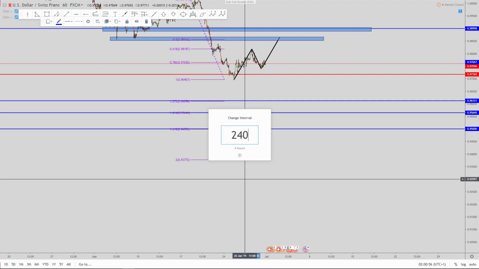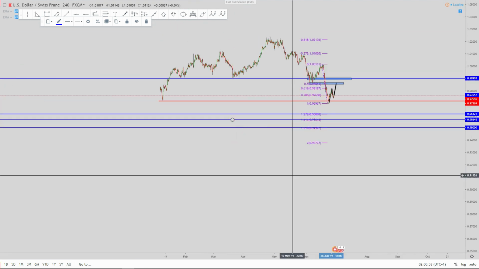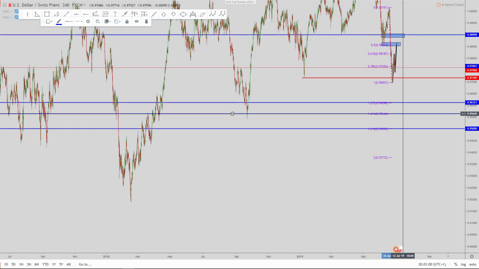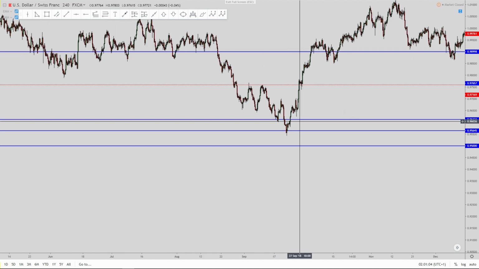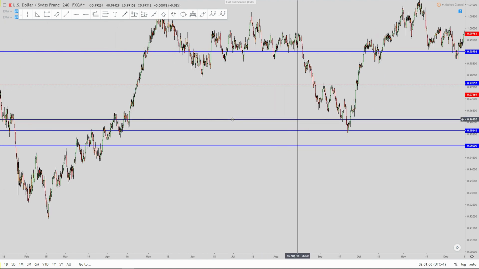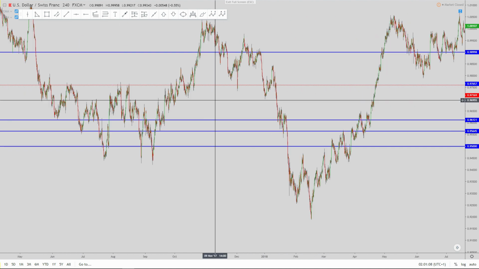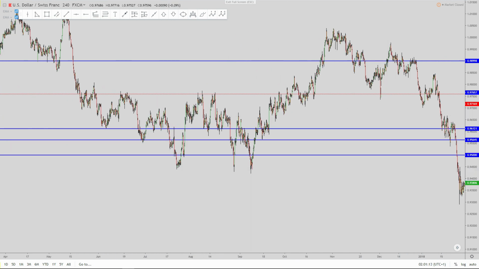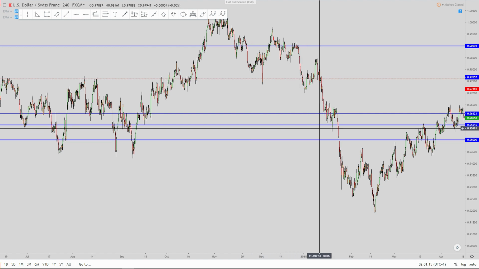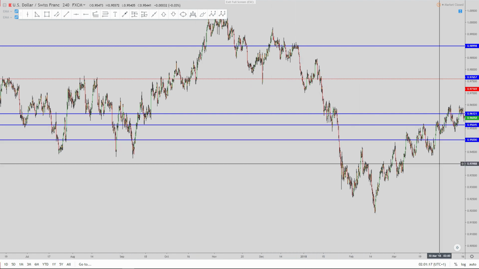So let's push out to 240 and hook across to the left, and you can see that 127 extension comes in around this nice little top here. It's catching some quite nice little price movements, and equally the 1414.